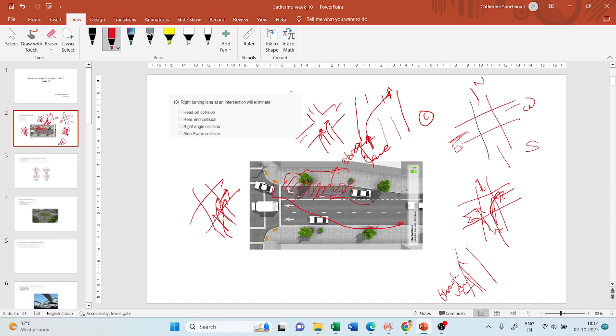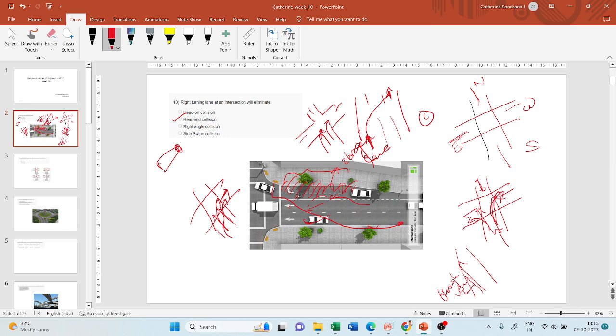In such cases, it leads to a collision with the straight vehicles, and that collision will be a rear end collision. As you can understand, the vehicle will get hit at the back. So you provide a right turning lane with a view of eliminating rear end collision.